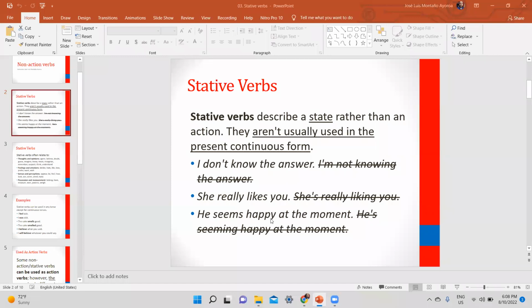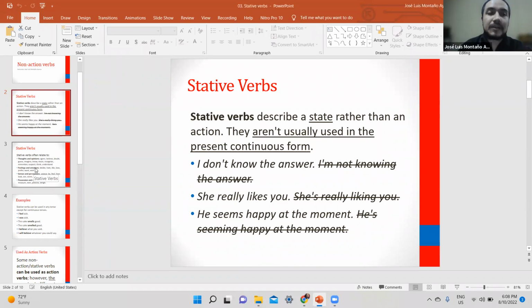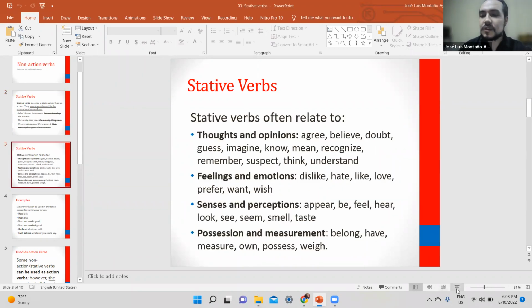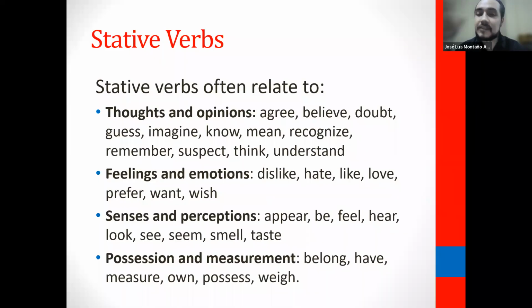So I'm going to keep working. That was the first part. Now, in the second part, we got to see some of these verbs. These are categories you have so that you can easily remember some non-action verbs, some stative verbs. Thoughts and opinions: I agree or I don't agree. You don't say I'm agreeing. I believe or I don't believe, not I'm believing.